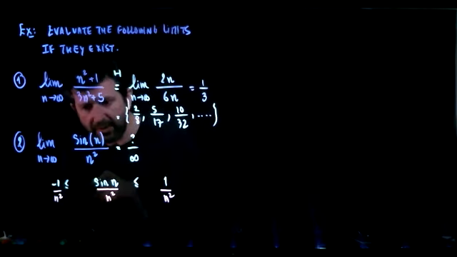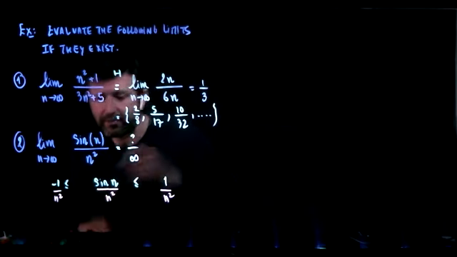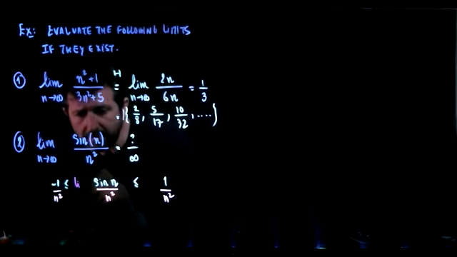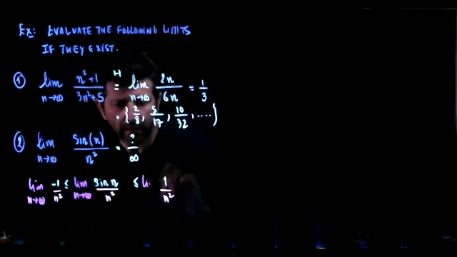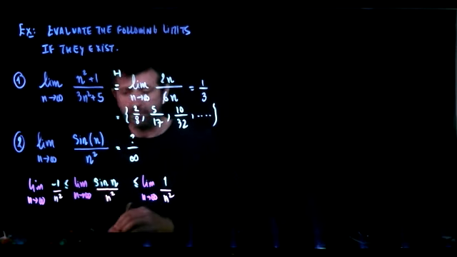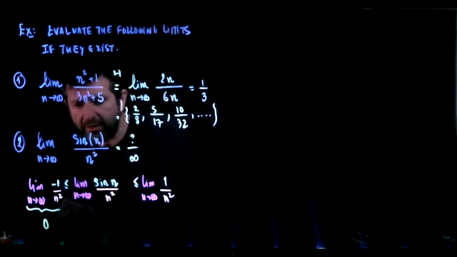And so if I take the limit on each side, limit as n approaches infinity, still true. And that's a very easy limit. -1 over infinity is 0.